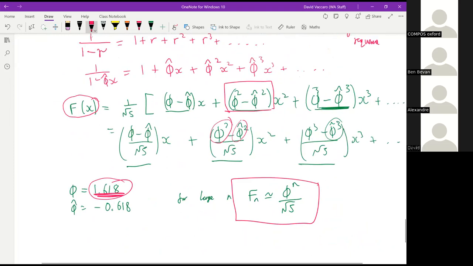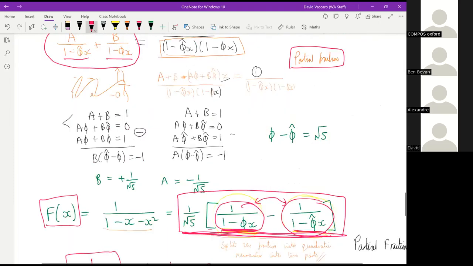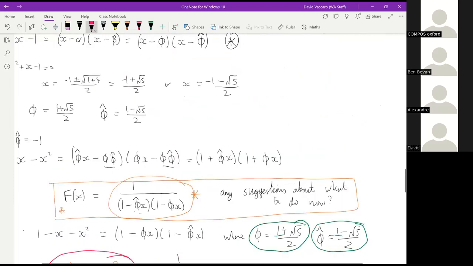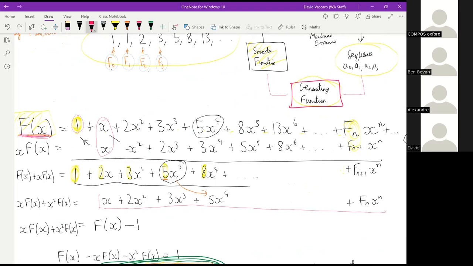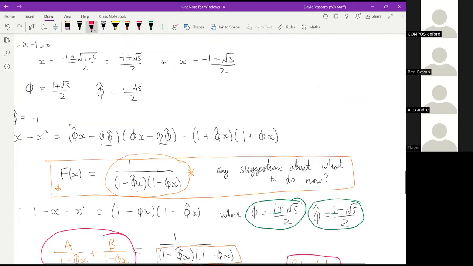Okay, so quite a few technical details, but I hope that you can go away and look through those technical details yourself. But what this gives is a Taylor series method of finding the Fibonacci sequence.